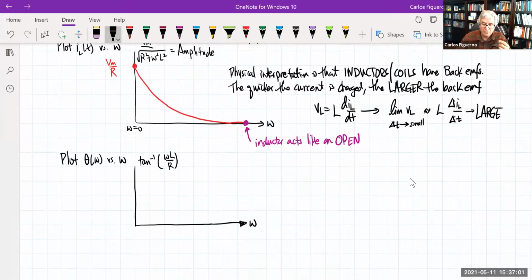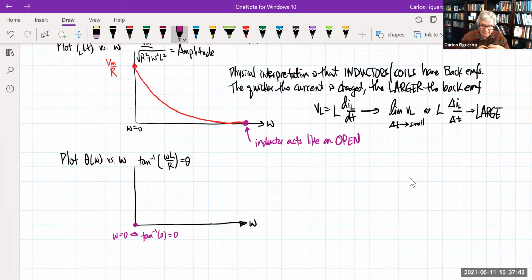So what you're seeing here, if you look at the tangent, if I plot this, well, I know that at omega equal to 0, that tells me that tan inverse of 0 is 0.